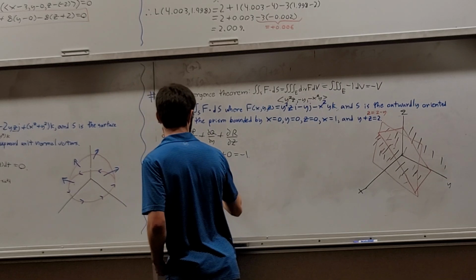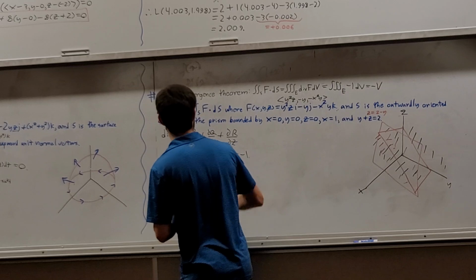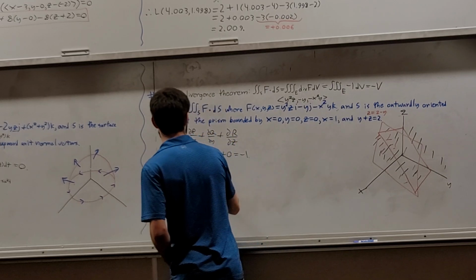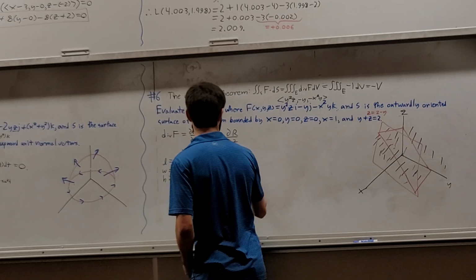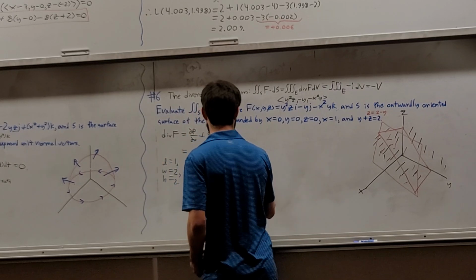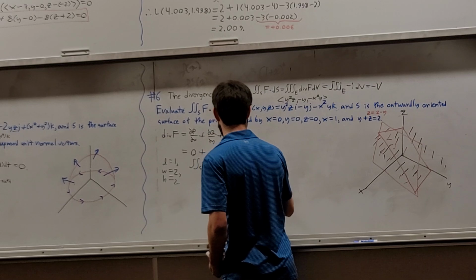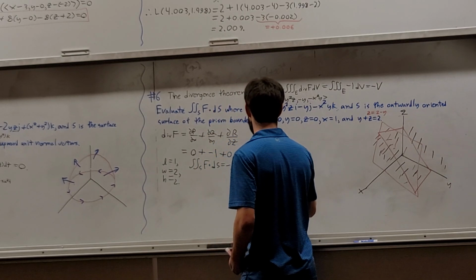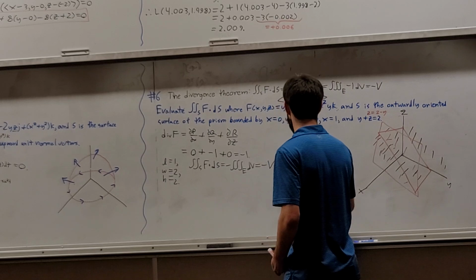So minus volume is equal to minus, actually I may as well just write it fully out here. So the double integral of F dot dS equals, in this case, minus the triple integral dV, which is minus V, minus 1/2 your length with height.